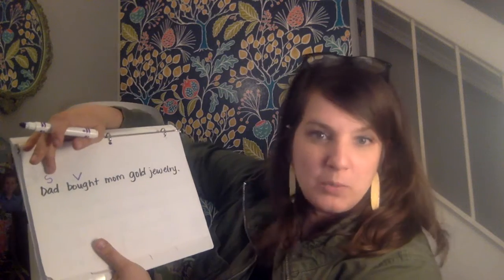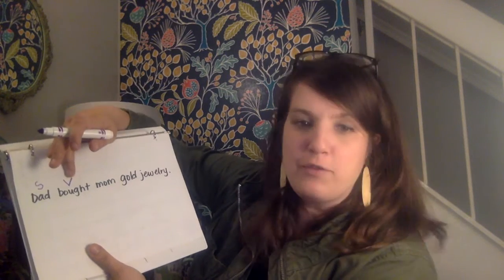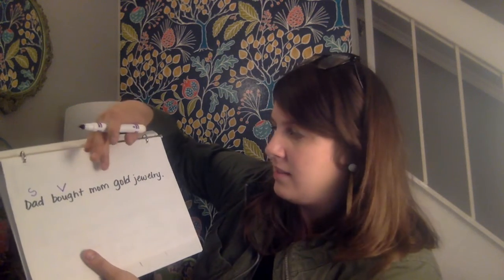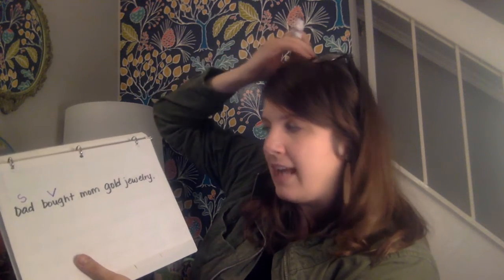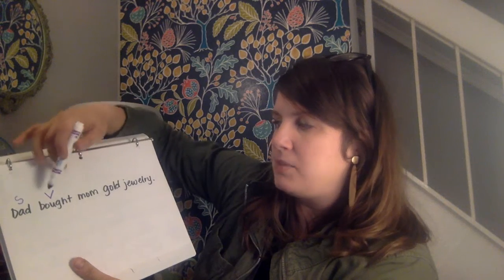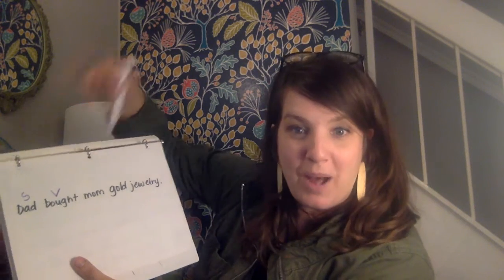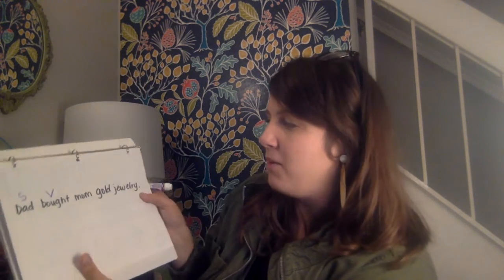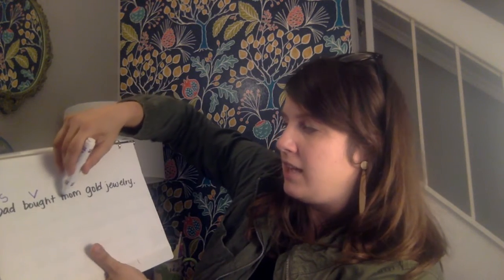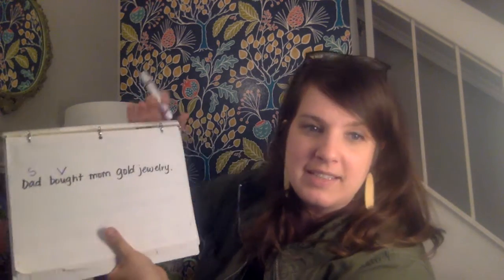So we've got our subject. We know who's doing the action. We've got our verb. We know what the action is. And now we've got these other words to make sense of. Now, it can be a little tricky thinking about a direct object because it seems like Dad bought Mom, right? Mom is directly what the sentence is about. But actually, if we took Mom out entirely, this could still be a sentence that makes sense. Dad bought gold jewelry.